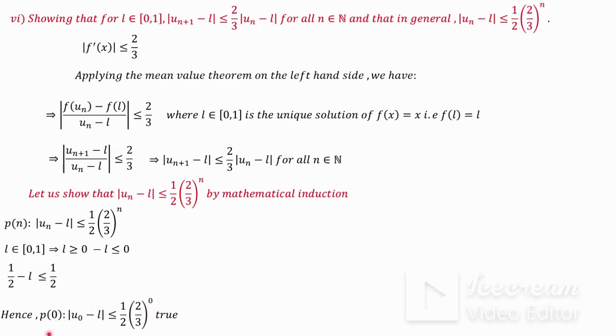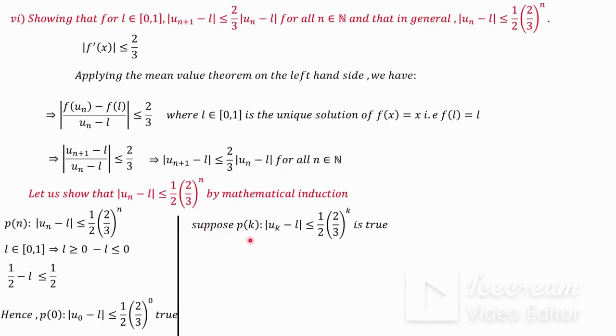Yes. So hence our statement p is true for n equals 0, because u0 minus L is less than or equals to a half times 2/3 raised to the power 0. So we have already proven it true for n equals 0. Yes. So we have therefore to suppose that our statement p of n is true for n equals k.